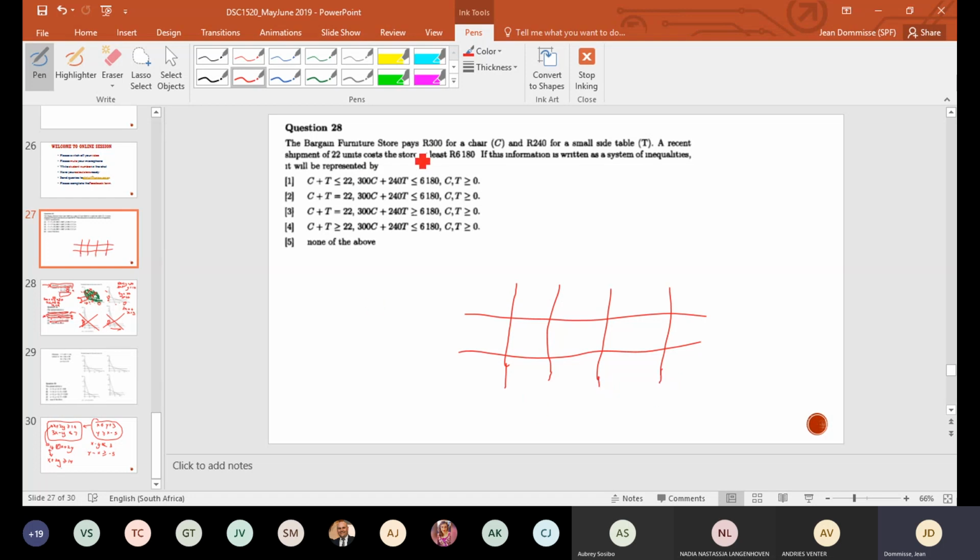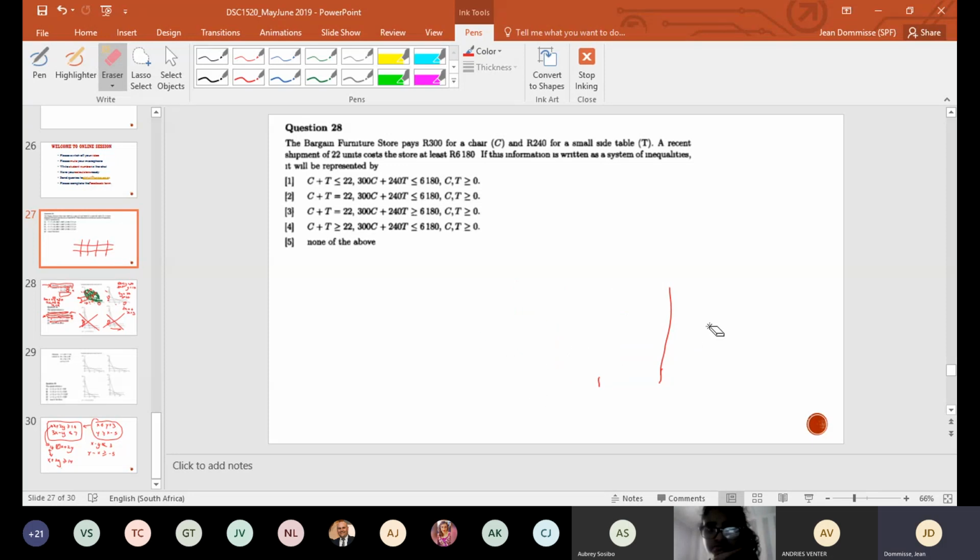Then I normally would say, okay, let's look at, well, if that is enough information, maybe there's less information here. The bargain store pays 300 for a chair, 240 for a small table. Oh, there's not a lot of information actually on this one. Okay, so, oof, okay, that's not even needed.